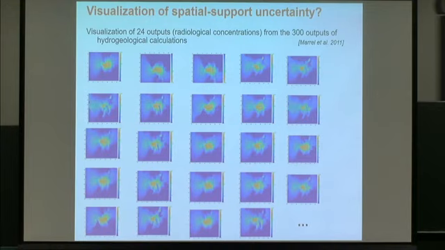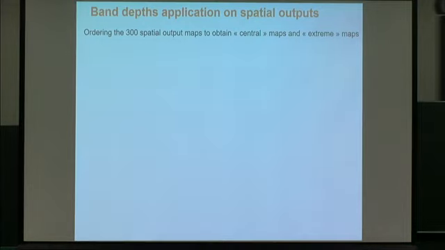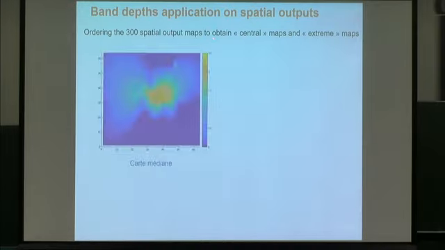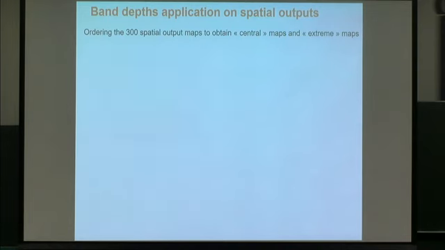So here we think that it's important to have an automatic tool which allows detecting the outlier maps. The band depth concept consists in ordering the 300 spatial output maps and obtaining central maps and extreme maps. So we have made this. Excuse me.